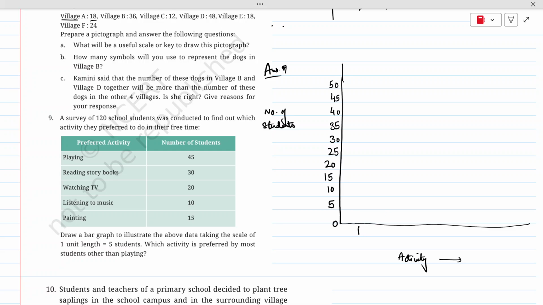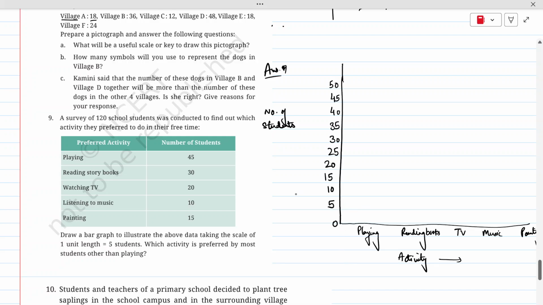The first one is playing. Next we have reading books, then TV, music, I'm writing the short forms, and painting. Okay, so kids, please always remember that the distance between the markings should be equal, here also it should be equal.